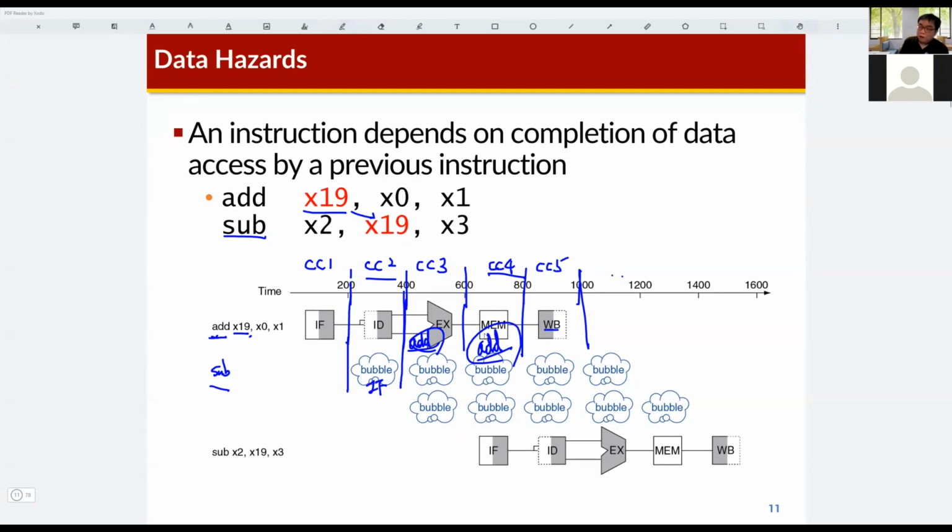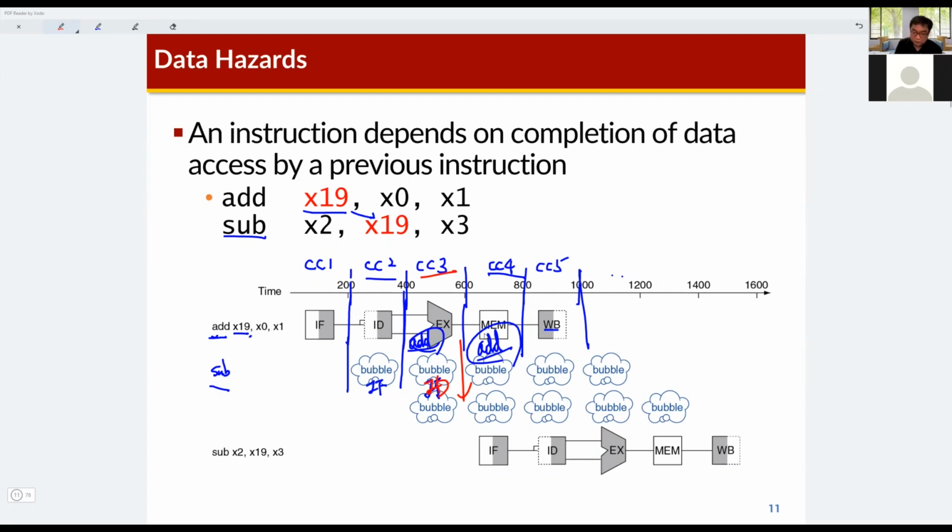But what will happen? Okay, so this sub instruction will be in the ID stage, the instruction decoding stage, at clock cycle 3.